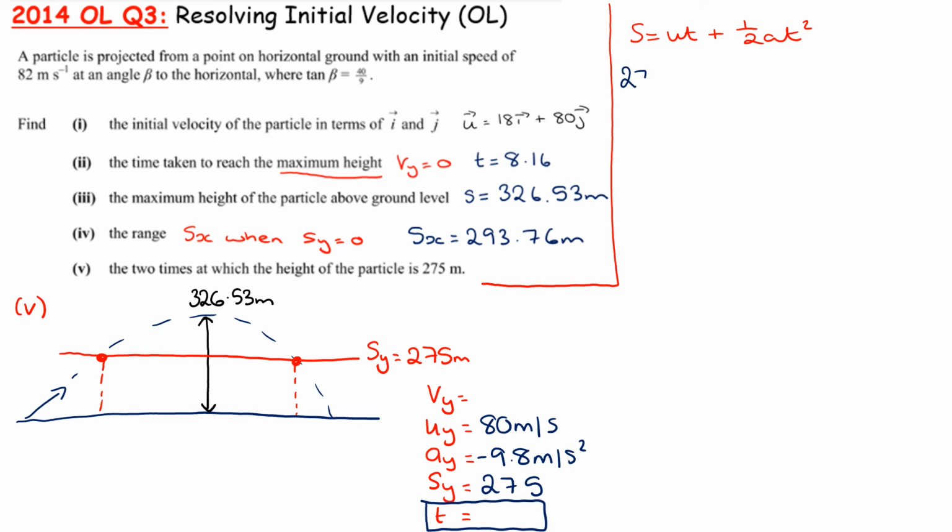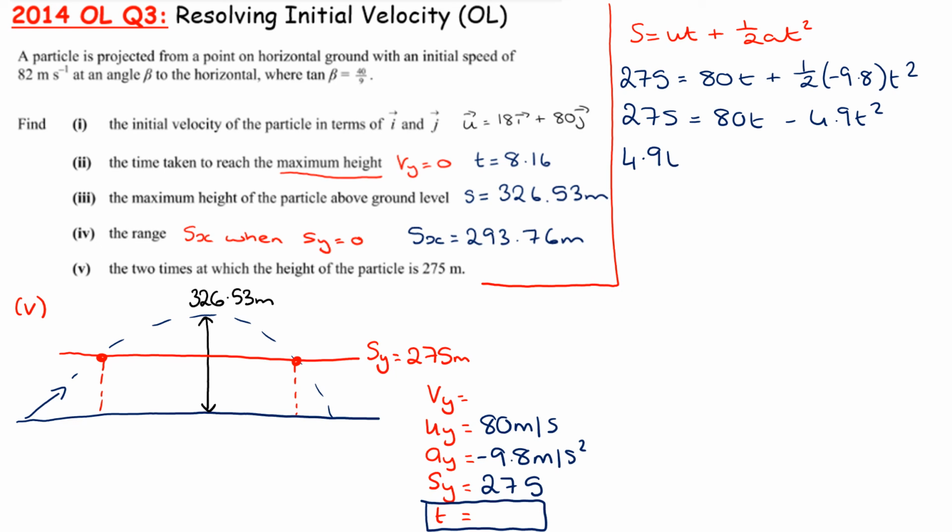So we have 275 is equal to 80 times t plus a half times minus 9.8 t squared. That gives me 275 equals 80t minus 4.9t squared. We have a quadratic trinomial, so I'm going to bring everything over to the left-hand side to make it a positive quadratic, just to make life easier.